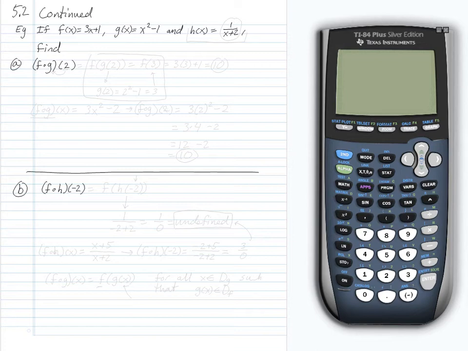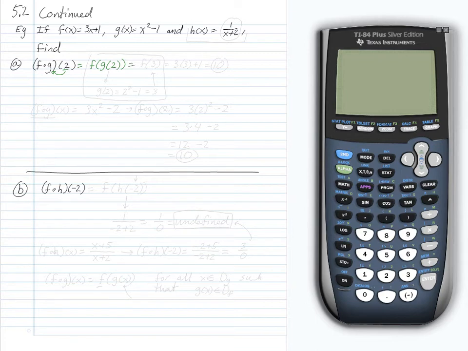Alright, now just like before, we can apply the definition, or we can use the functions that we have already found. So one way to think of this is f composed with g is asking us to plug g into f. Now this time we're plugging 2 into the function we come up with. So we're plugging 2 into g, into f.